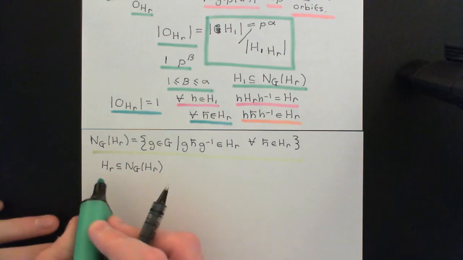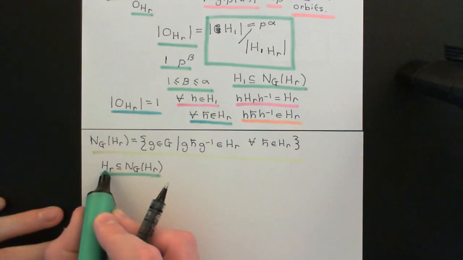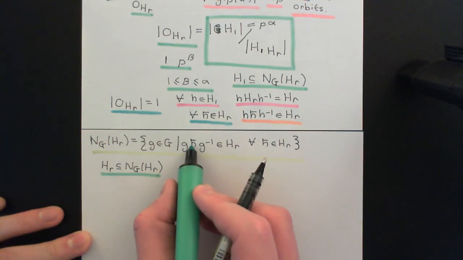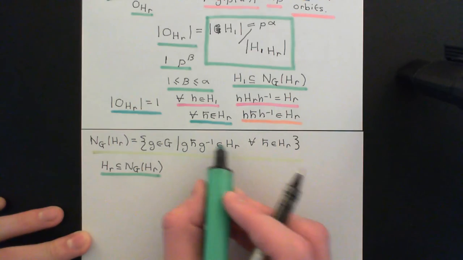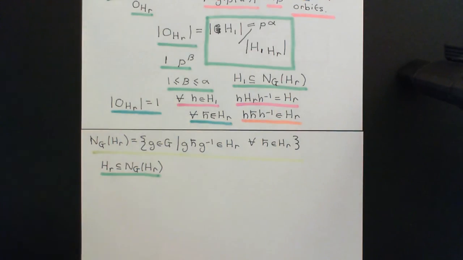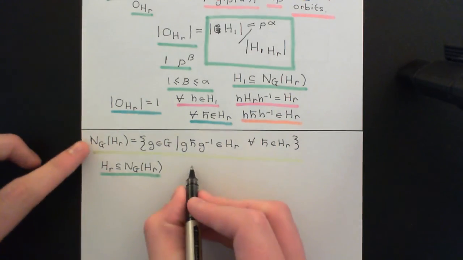Okay, and that's because any element that's actually in this subgroup will be able to conjugate any other element that's in the subgroup to get another element in the subgroup.